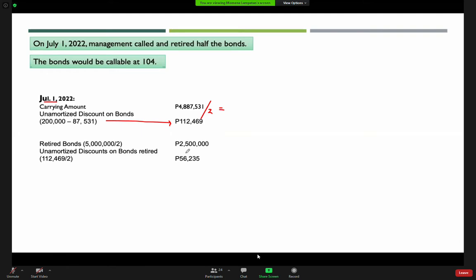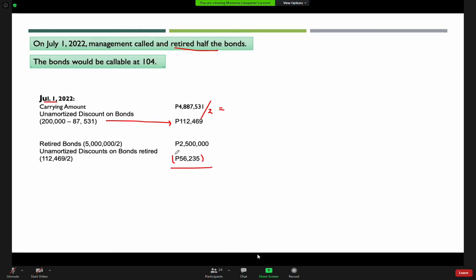Okay, so face value is 2,500,000, that is half of the 5 million kasi nga sinabi niya the management retired half lang, half. Okay? So kalahati ng 5 million. So ililess mo dyan yung outstanding balance ng discount para makuha mo yung present value or carrying value ng bond nung as of July 1, 2022.